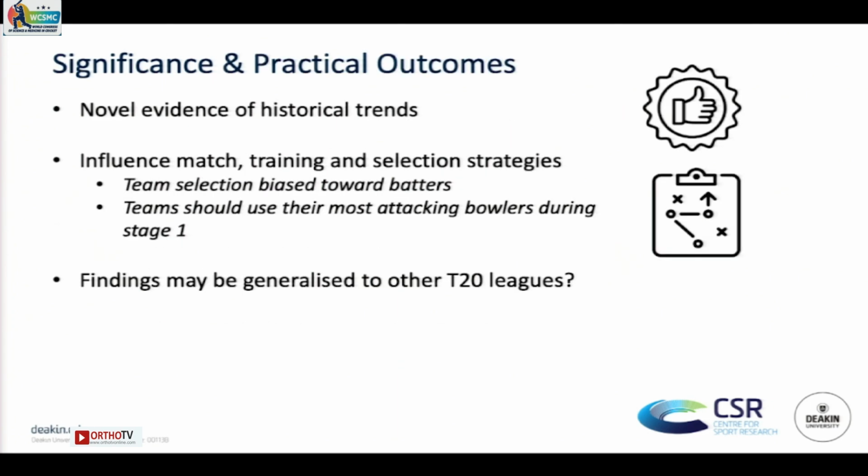And I'll just finish with a statement here about the significance in that I can't find anyone else who's looked at these kinds of trends in cricket, so this might be a first, and that there's some practical implications for these results, but they do depend, I think, on looking at the results in detail and not basing it on my brief presentation today.